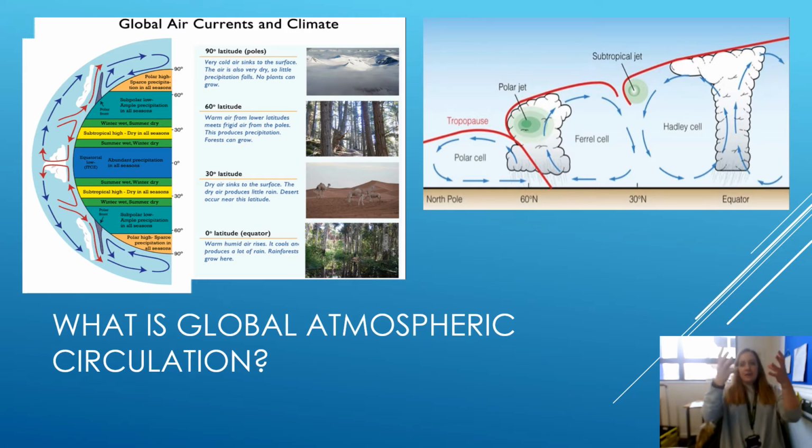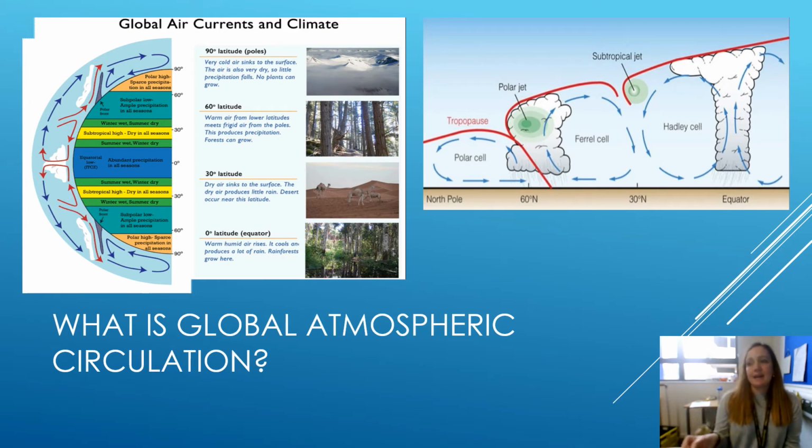So warm air rises at the equator, that drives the whole cycle. As that warm air rises, it moves north or south, it then sinks at 30 degrees north or south, then travels north or south and rises at 60 degrees before sinking again at the North and South Pole. And there are three cells basically.